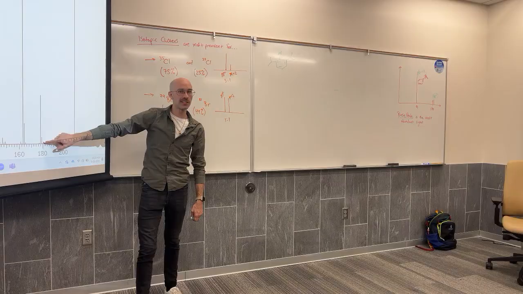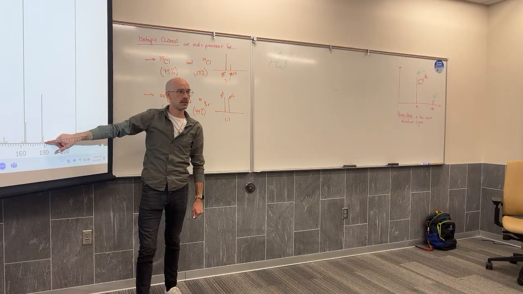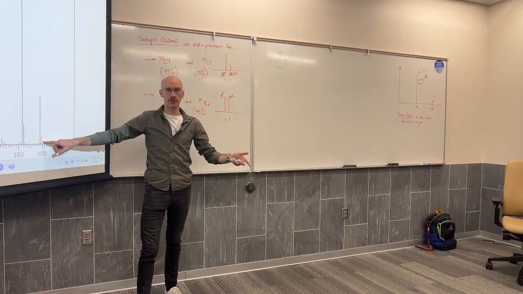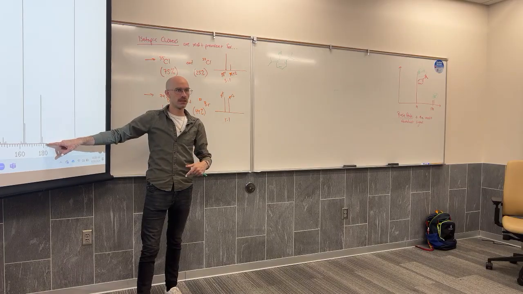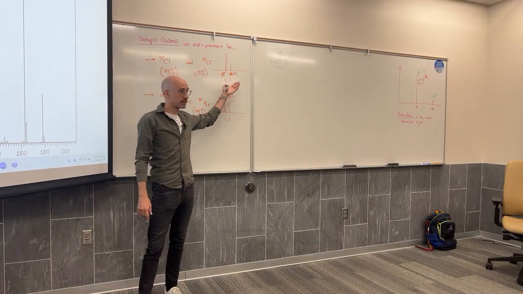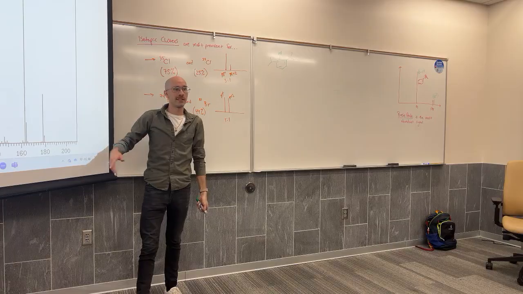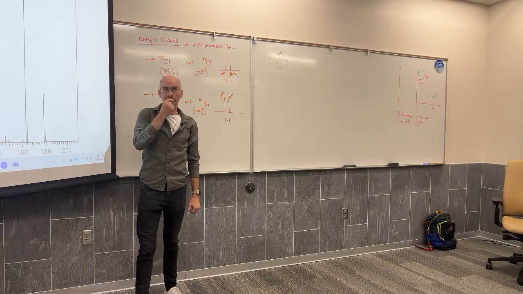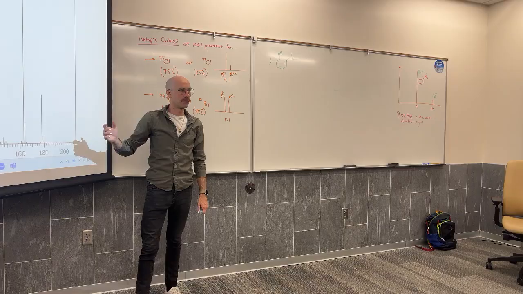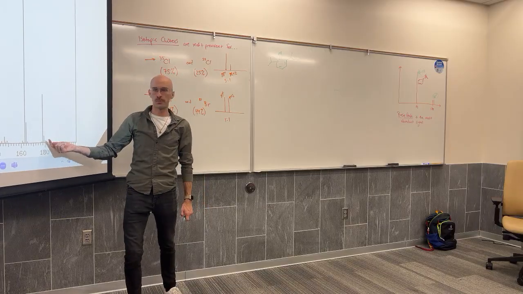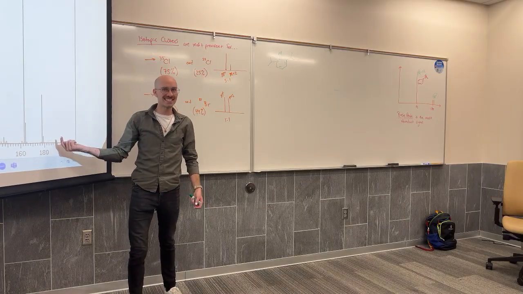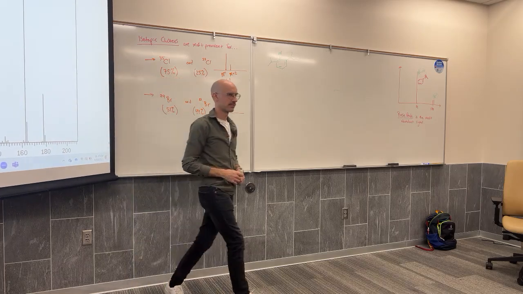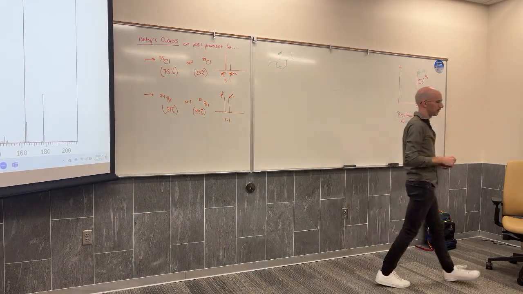This is essentially an isotopic cluster. 1.1% of the time, carbon weighs 13 instead of 12. And there are 12 carbons here, so there's a good chance that you have a bunch of different molecules that have a heavy carbon. And 0.1% of the time, hydrogen weighs 2. So all of those instances adding up gives me this possibility for a signal here. That's how I would justify it to you.